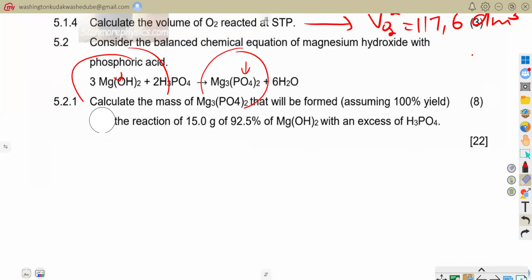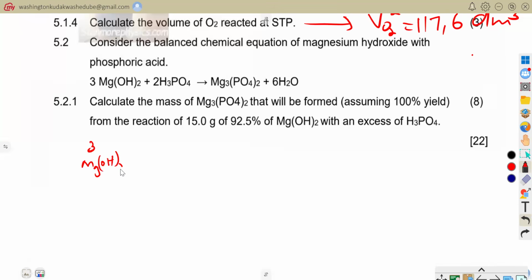What am I saying? I'm saying that 3 moles of magnesium hydroxide react to form 1 mole of magnesium phosphate.